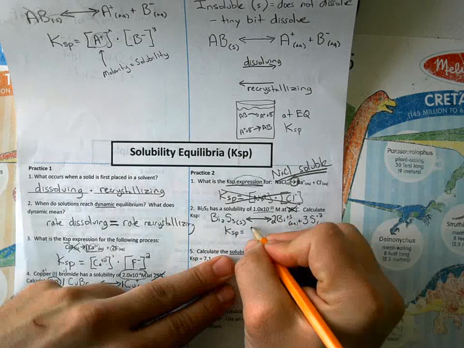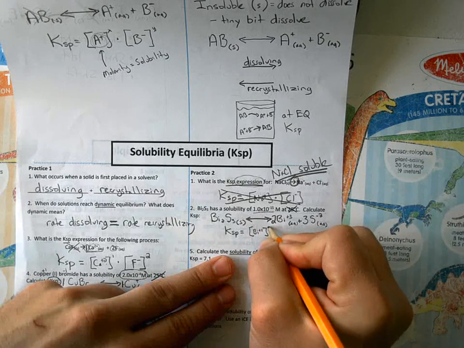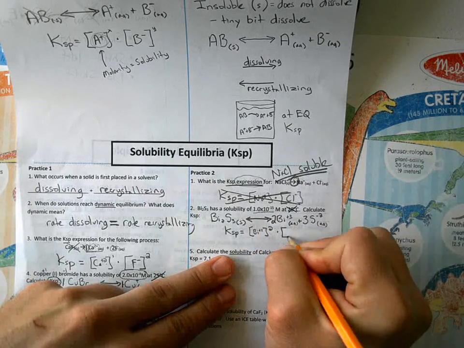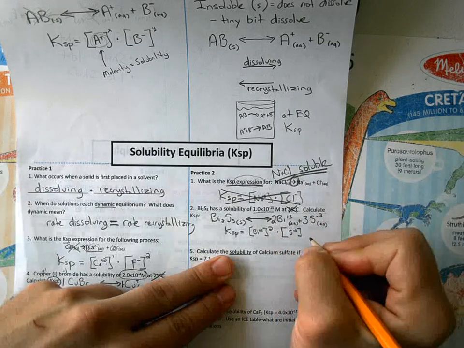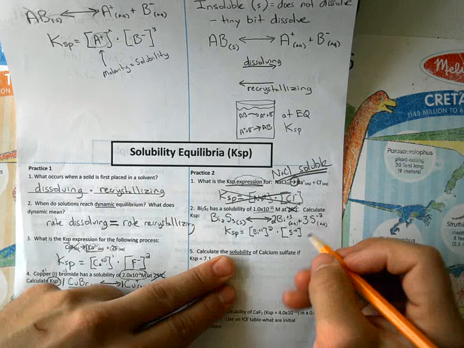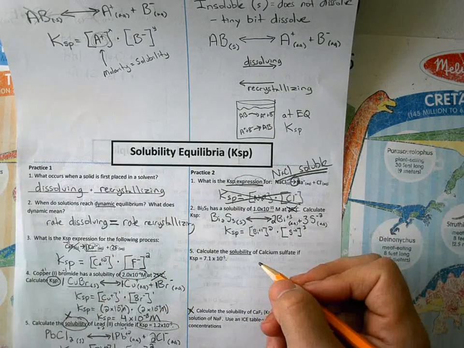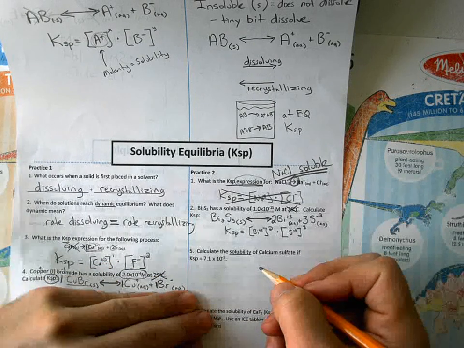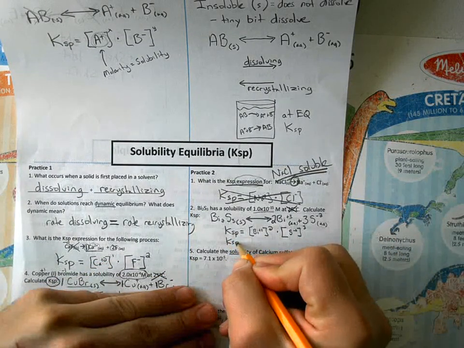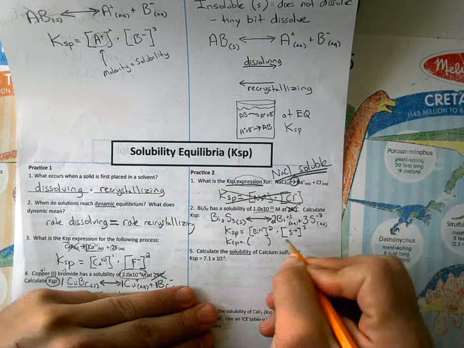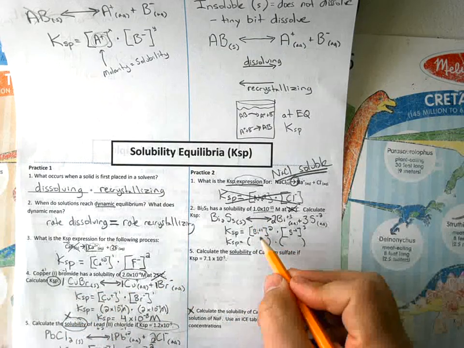For this reaction, it would be the concentration of bismuth squared times the concentration of sulfur cubed. Okay, now this one's a little weird in that the KSP will equal these solubility values.